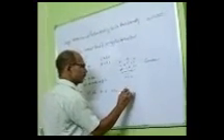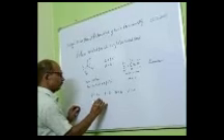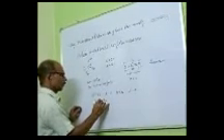If you are searching for an example of a non-polar covalent bond, these types of bonds are non-polar where the bond is between two same atoms. These are the examples of non-polar bonds.